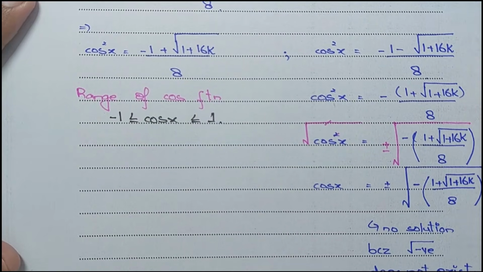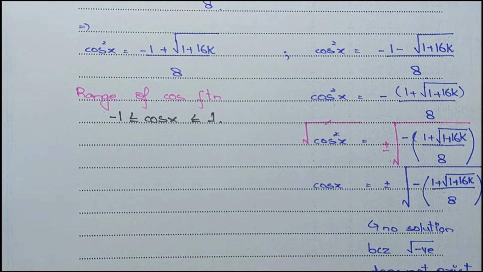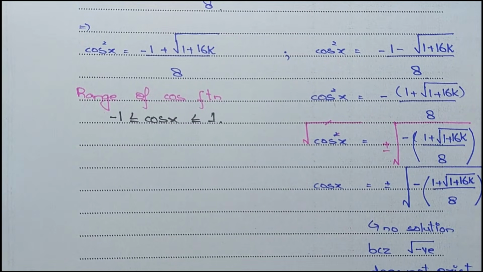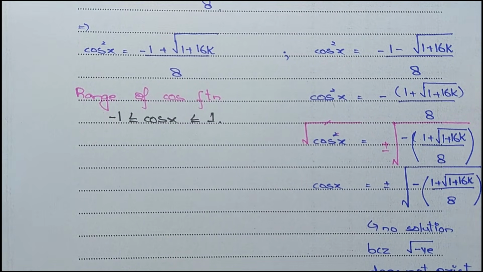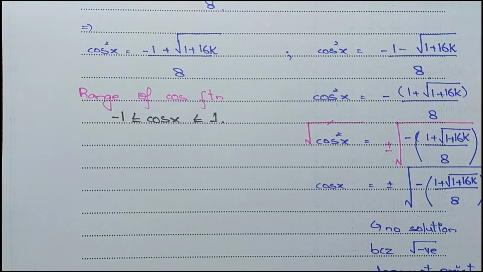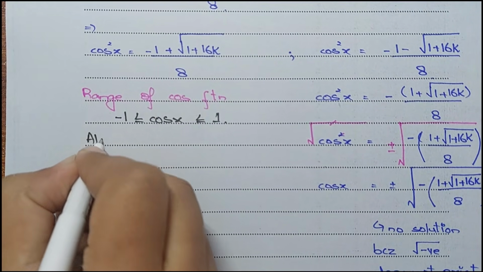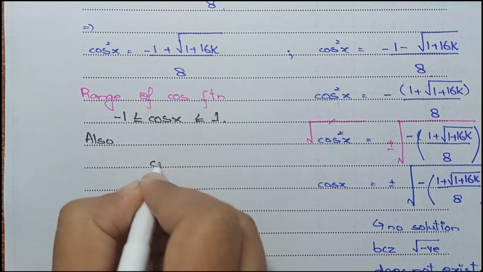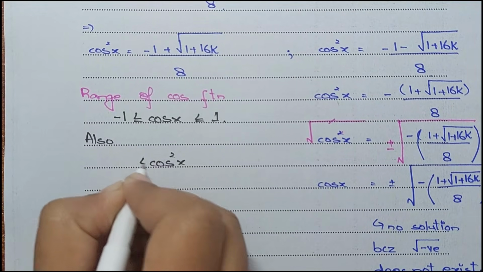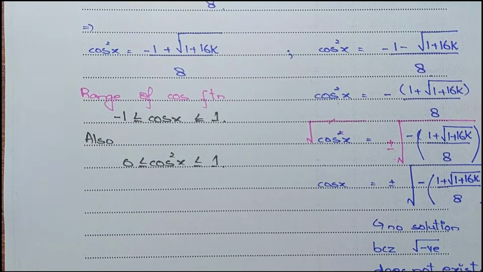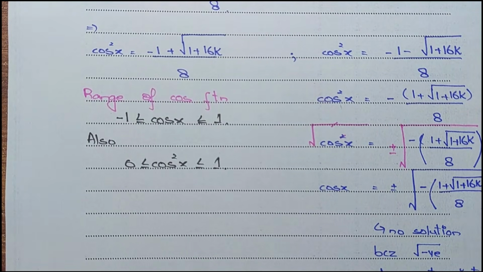Okay, this is the range for the cos function, that cos must lie between negative 1 and positive 1. If the value of cos is more than 1 or less than negative 1, we have no solution. And also for cos square, what is the range of cos square? This is between 0 and 1. For cos square, the range is between 0 and 1, right?